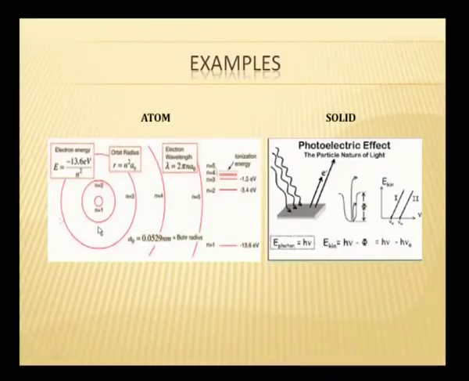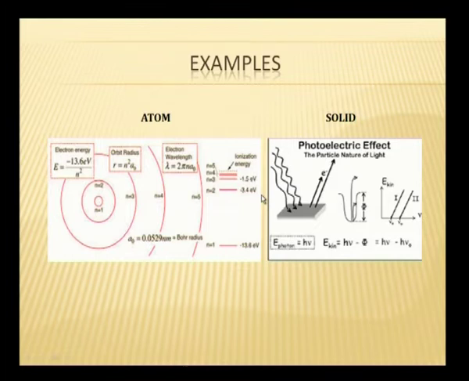It can have any energy, whereas the electron in the hydrogen atom will have only discrete orbits. The electron can be found in the K shell or the L shell or the M shell, and the corresponding energies are minus 13.6 electron volt or minus 3.4 electron volt.